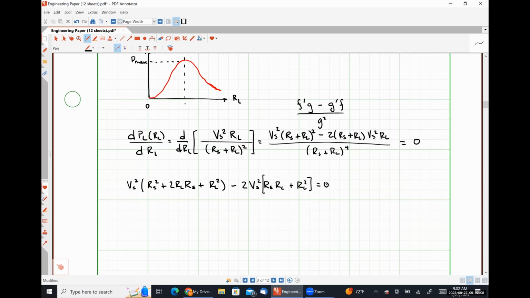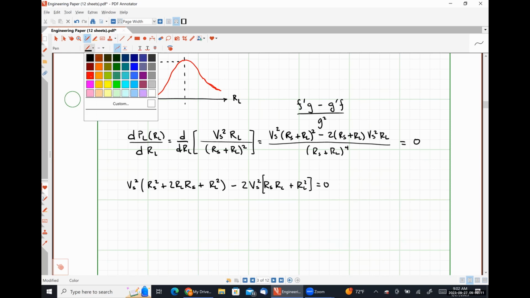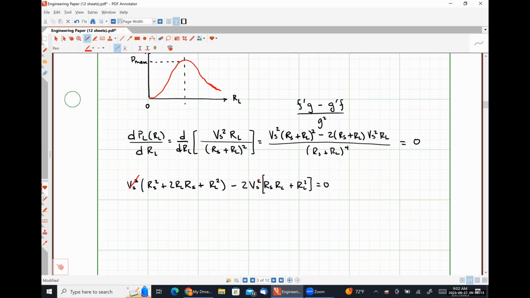So one thing that I know I can do off the bat is just divide both sides by Vs squared, because 0 divided by Vs squared is still going to look like 0. So that gets rid of some things. So that's going to leave me with Rs squared plus twice RL Rs plus RL squared minus twice Rs RL minus 2 RL squared is equal to 0.